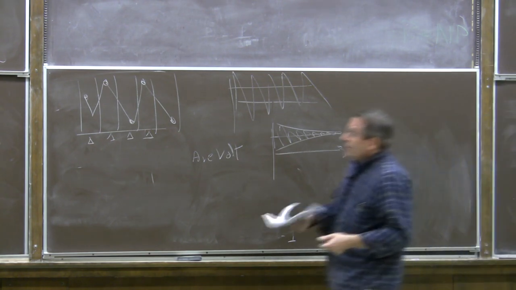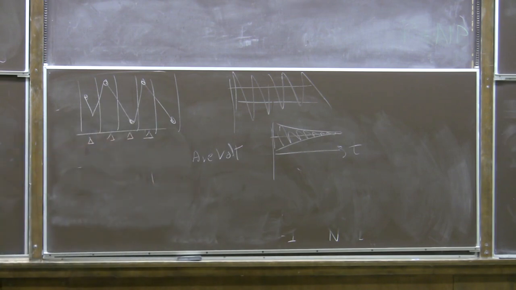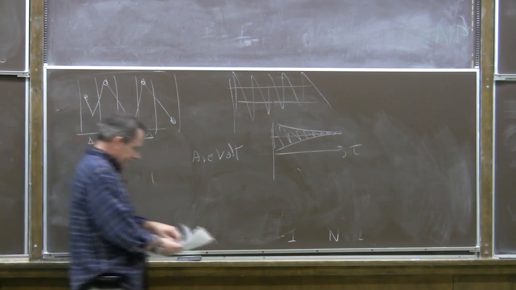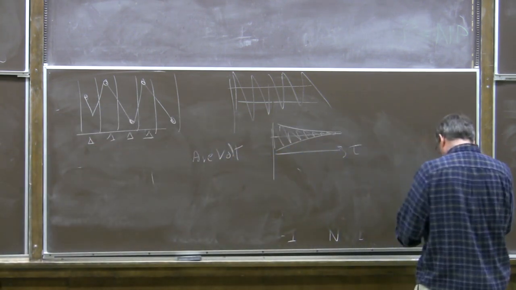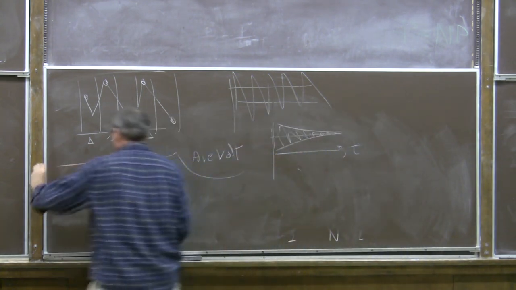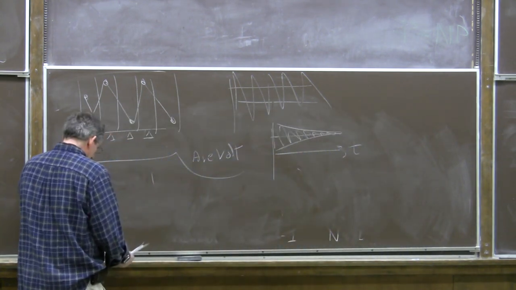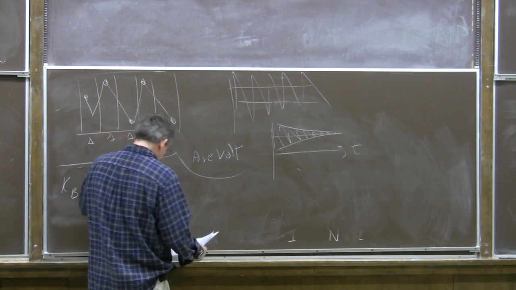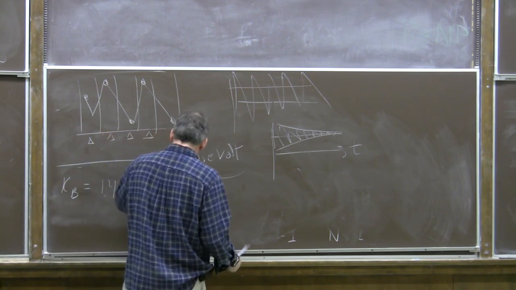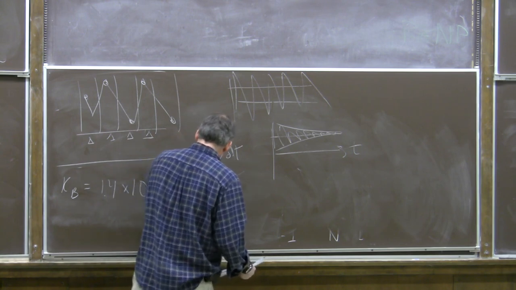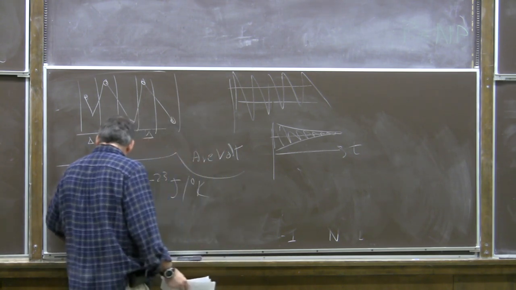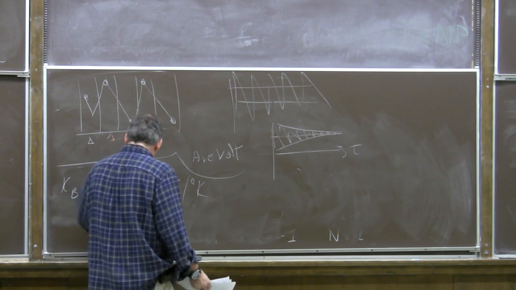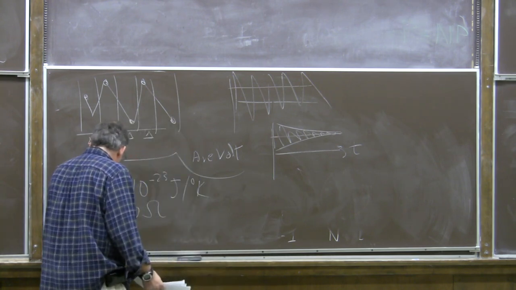So to get an idea of what the numbers are, remembering that I can write the Boltzmann constant as 1.4 times 10 to the minus 23 joules per degrees K. Suppose I consider a resistor which is 50 ohms and a temperature of 300 degrees.